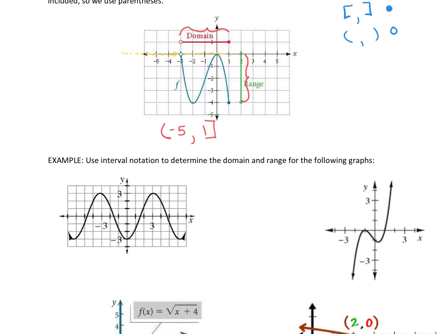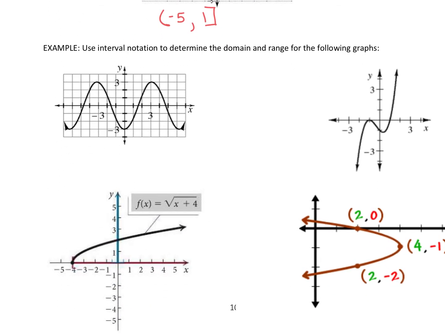So let's take a look at a few more examples and use interval notation to determine the domain and the range for the following graphs. We'll do this first one together, and then you can pause the video and check your answers for the rest. So notice on this that we have arrows. These arrows mean that this is going to continue on, and we're going to assume it's continuing on in the same pattern.